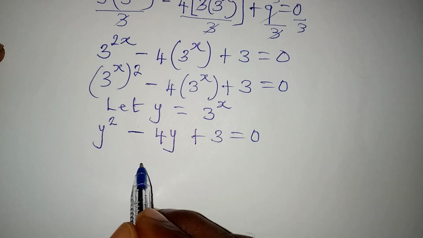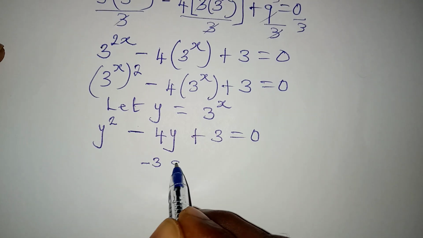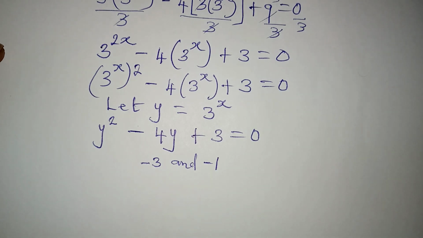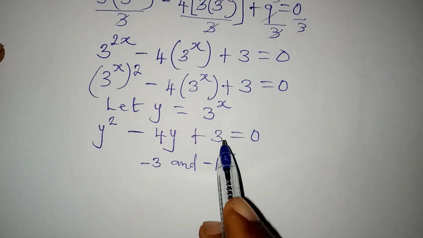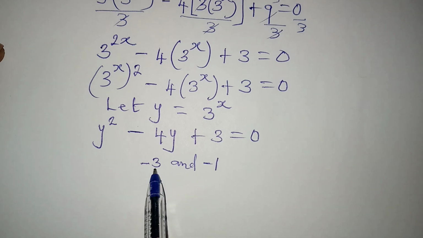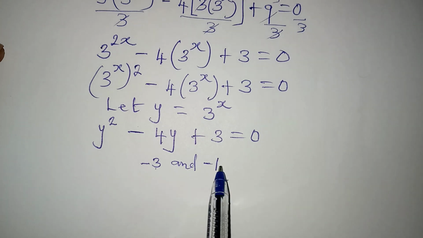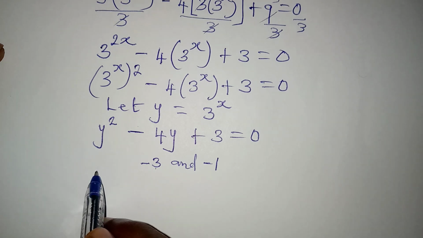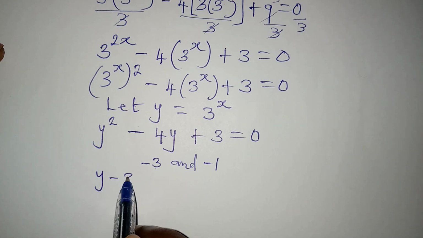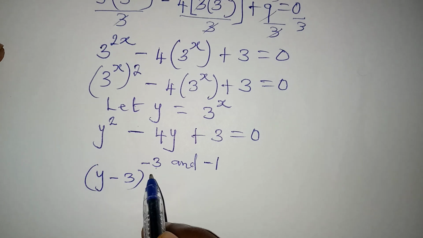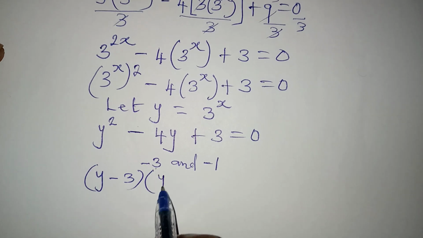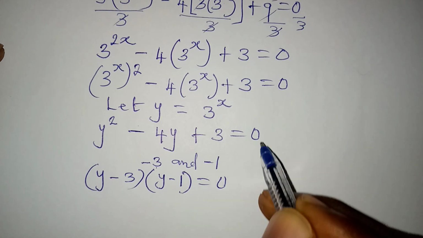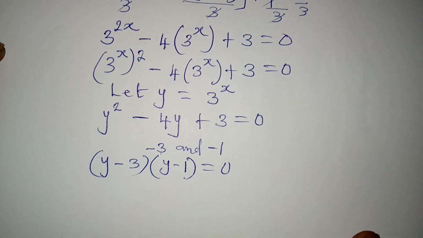The two numbers will be minus 3 and minus 1, because minus 3 times minus 1 will give us plus 3, and then minus 3 plus minus 1 will give us minus 4. Now this means we're having y minus 3 in one bracket, and in the second bracket we have y minus 1, and both of them equal to 0.